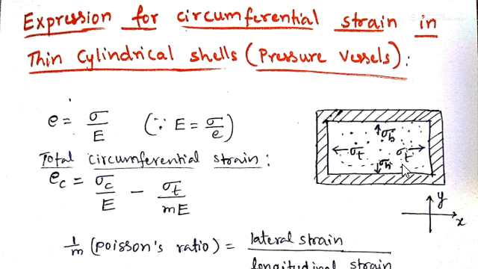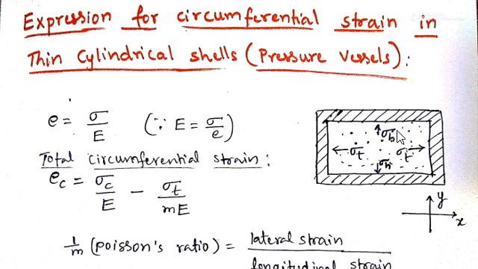You can observe that this stress is increasing the length of the pressure vessel and at the same time decreasing the diameter, so the longitudinal stress is producing negative strain.